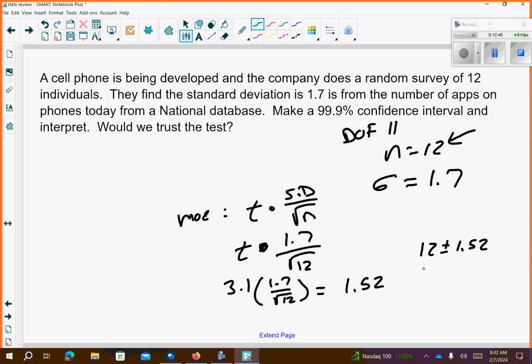No, I messed up the t. What did you get for t? For 99.9, I put in 9.995, but it's 0.9995. Yes, 0.9995. So it's 4.44. Cool. And then the normal is 2.18. Oh, this should have been 4.44.